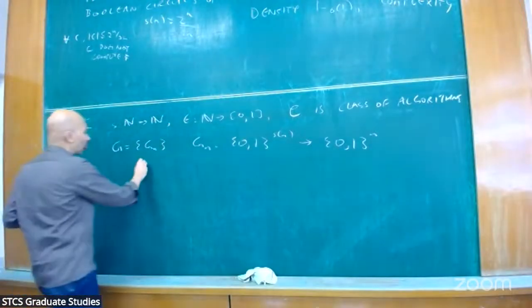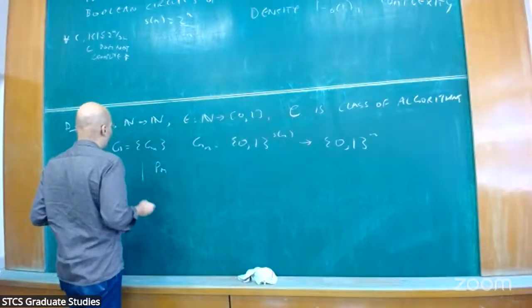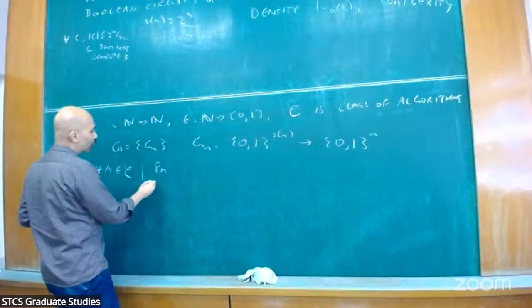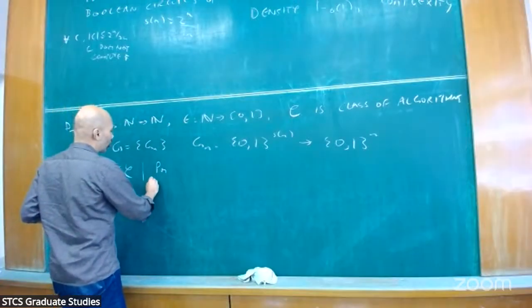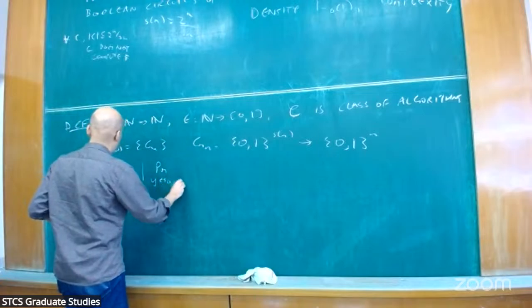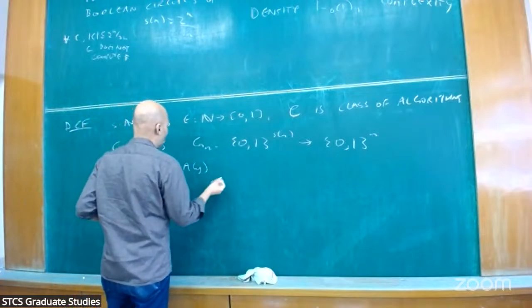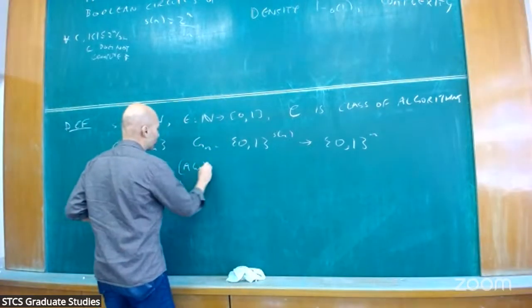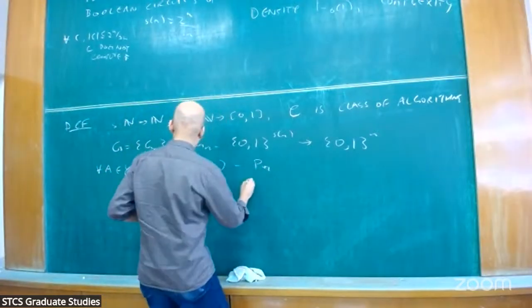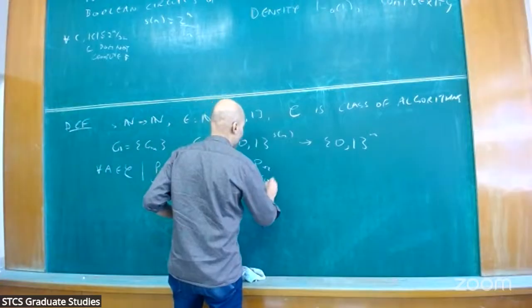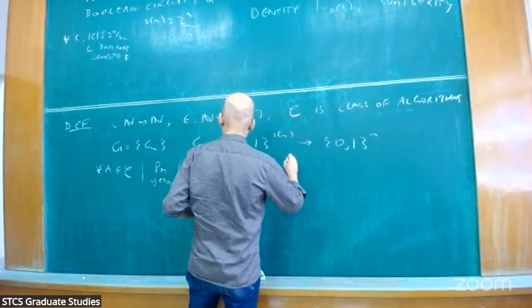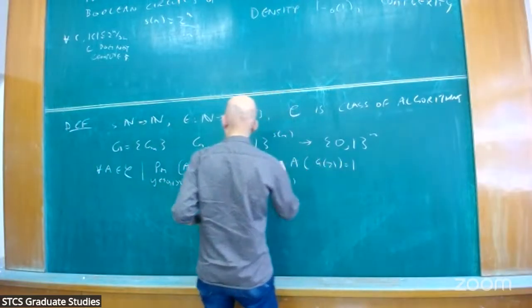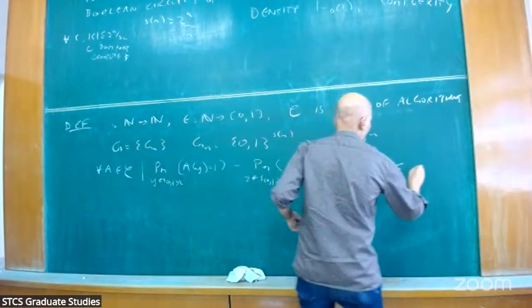It means that for all A in C, so for all algorithms that come from this class of algorithms, the probability over y in {0,1}^n that A of y equals 1, minus the probability over z in {0,1}^S(n) that A of G of z equals 1, in absolute value, is at most epsilon of n.